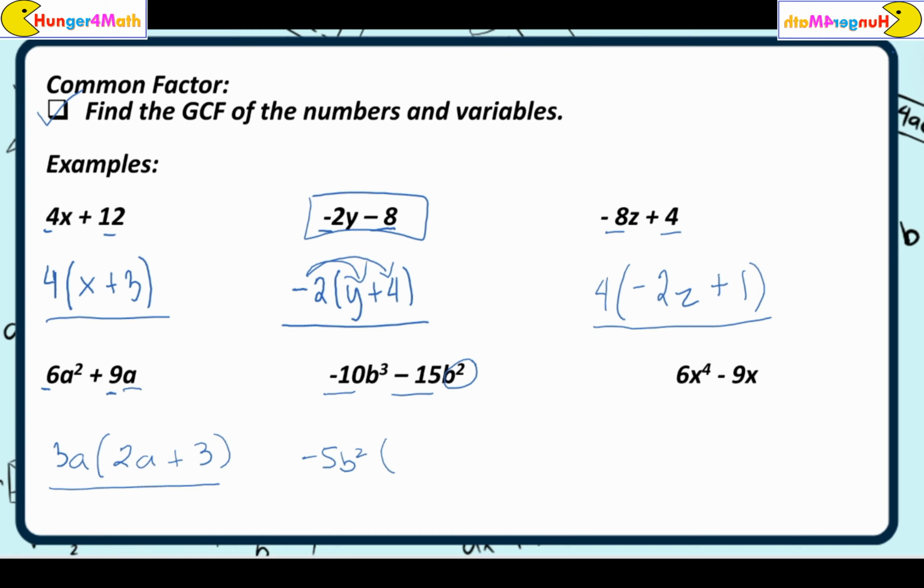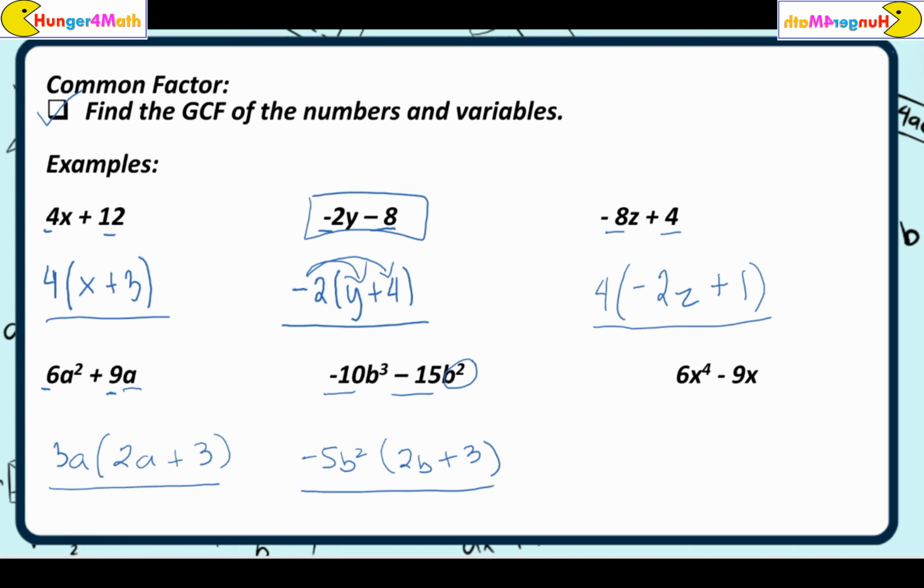Negative 10 divided by negative 5 is positive 2. Then b cubed divided by b squared is b. You just have to subtract the powers. Now negative 15 divided by negative 5 is positive 3. And b squared divided by b squared is just 1. So this is our answer.